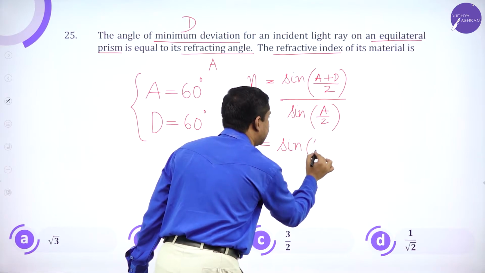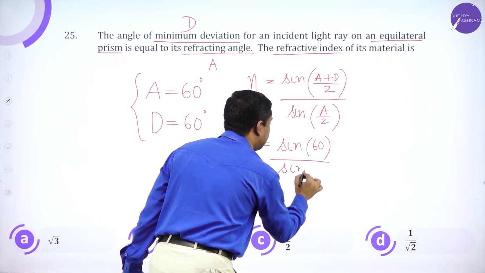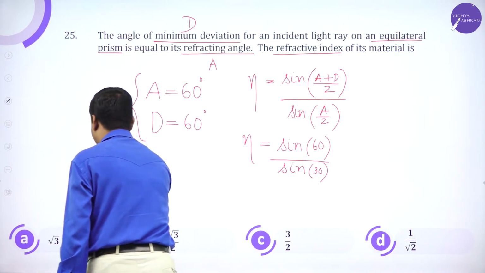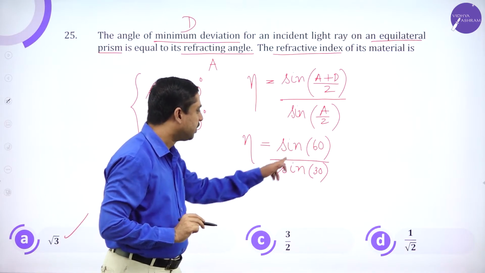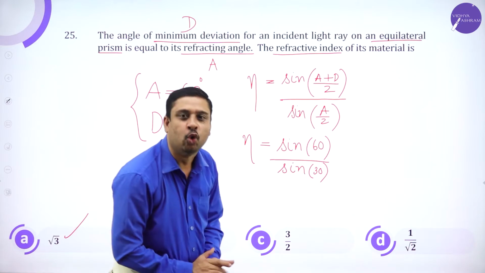Again this is sin 60 divided by sin 30. So the answer has to be root 3. Root 3 by 2 into 2 by 1. So the answer is root 3.